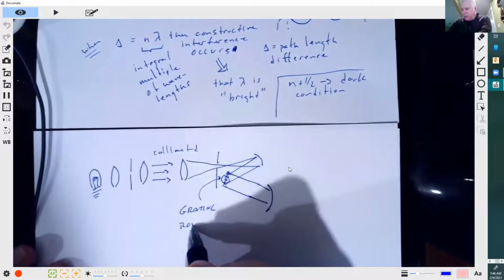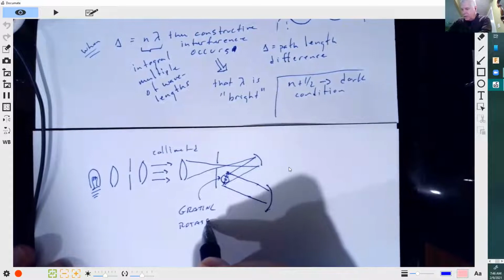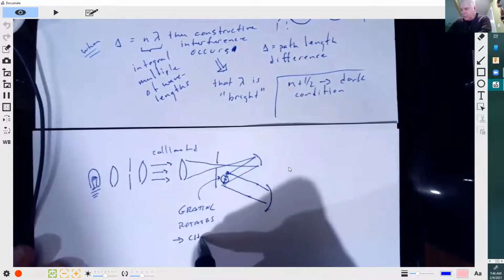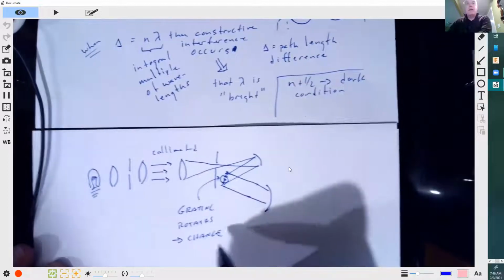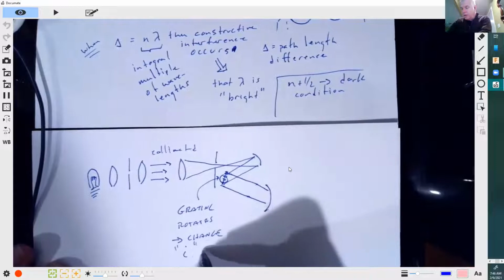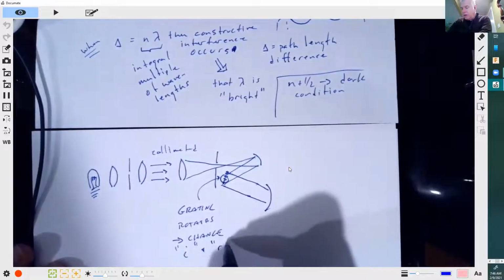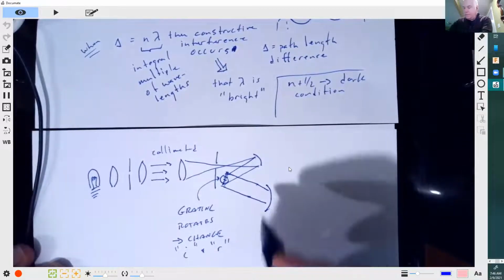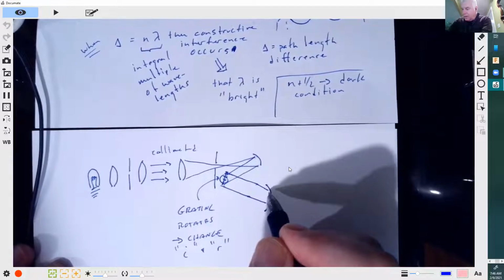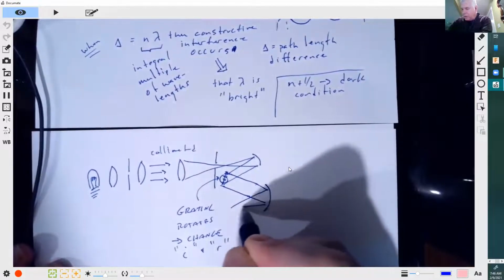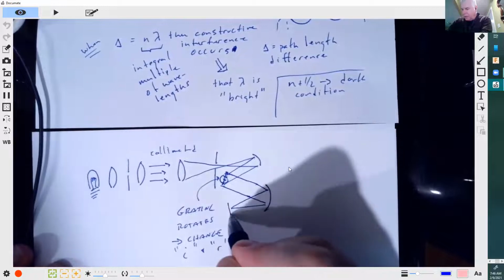So it rotates, and you can change angles I and R simultaneously. And then these guys, then they're refocused onto a detector.